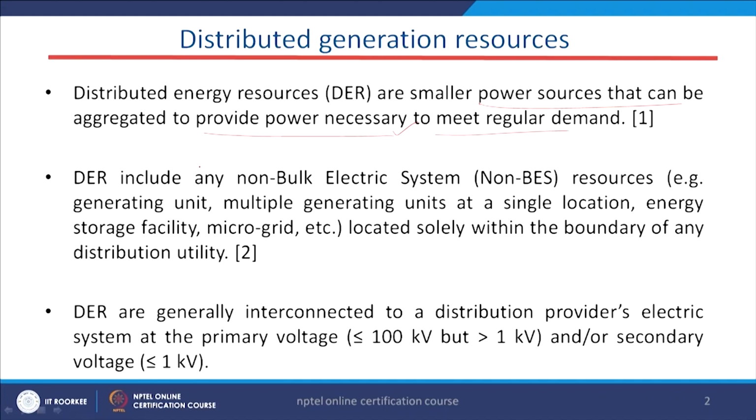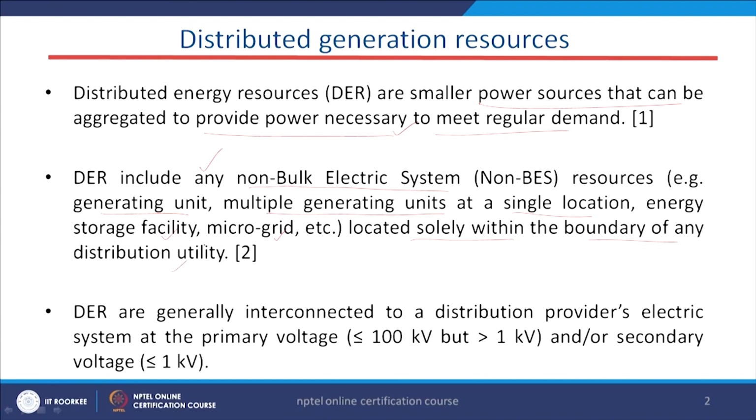And this DER includes any non-bulk electric system resources like a generating unit, multiple generating units at a single location, energy storage facilities and microgrids, basically located solely within the boundary of any distribution utility.